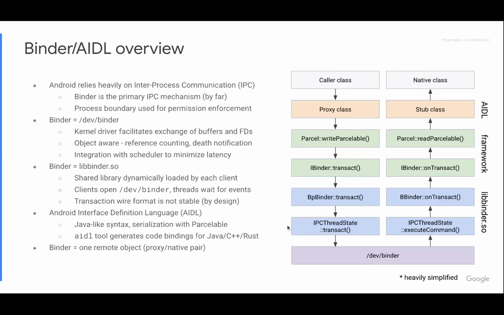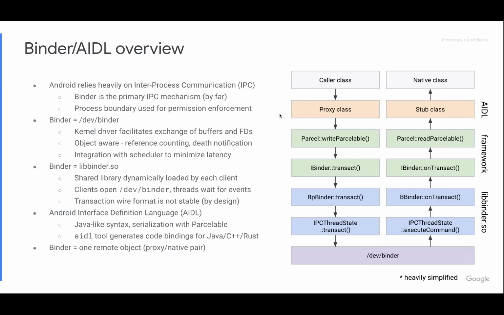If you look at the right-hand side, the diagram here, which is heavily simplified, probably wrong, the main concept is you have a caller who can invoke a method on the so-called proxy class.